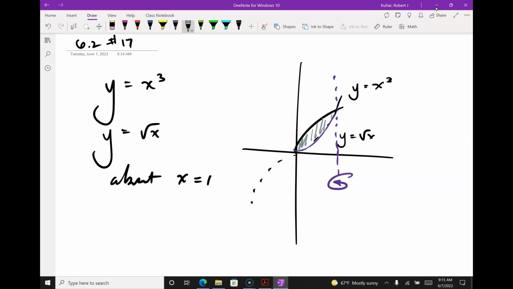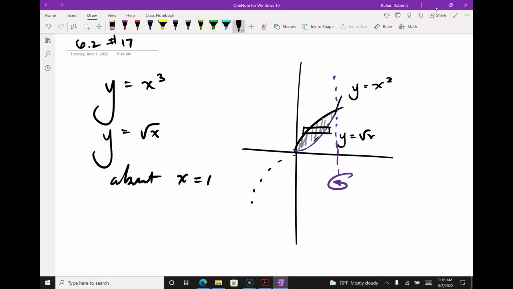And my axis of revolution is vertical, so my rectangle has to be horizontal. This is the trickiest thing about this. And then when we do our shell method, we have a different process. Okay. So I draw the region. I look at the axis of revolution. That helps me draw the rectangle, right? So this is a right minus left rectangle.